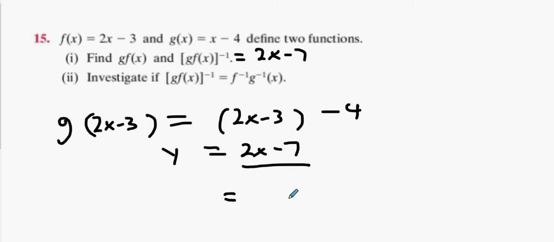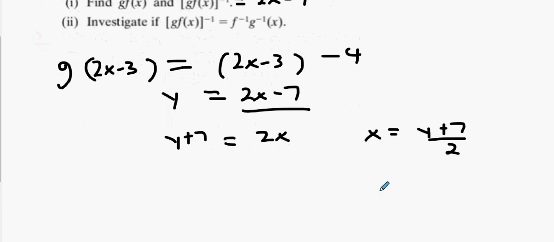We go for 2x equals y plus 7, and then x equals y plus 7 over 2. Do the interchange thing. What's the interchange thing again? Change the values. Okay. Now, the trickiest part of this question is, what is this actually called?